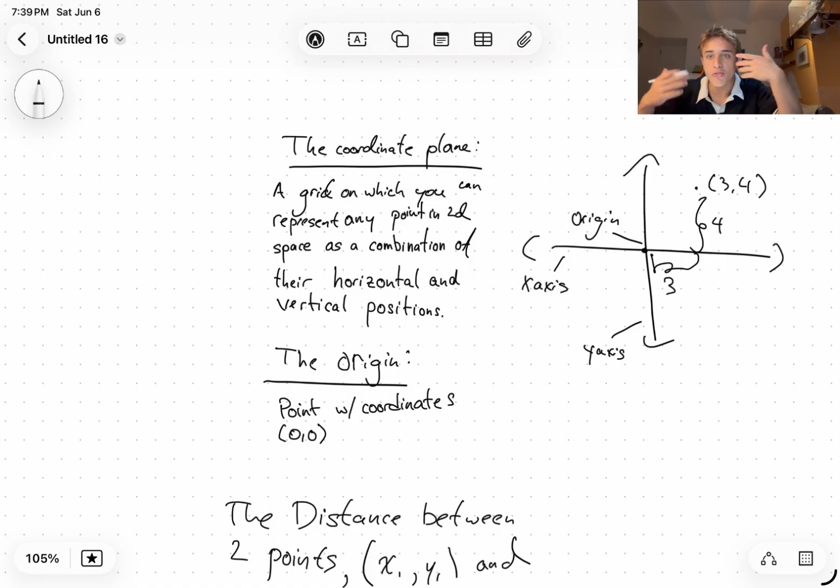that lets you denote any point in 2D space by telling you the horizontal component of the point and the vertical component of the point. So the horizontal component is how far away it is horizontally from a central point, and the vertical component is how far away it is vertically.